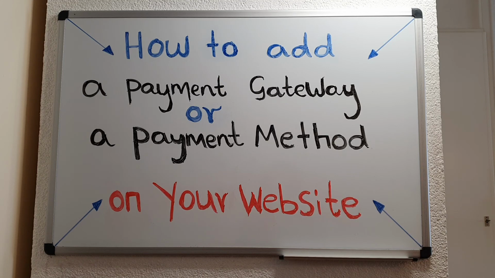Step 2 is to choose a payment gateway. There are 2 types of payment gateways: hosted and non-hosted. A hosted gateway will take your customer away from your website to another website where they will pay, and then they will be redirected back to your website.